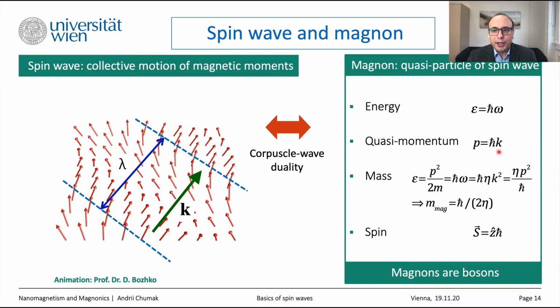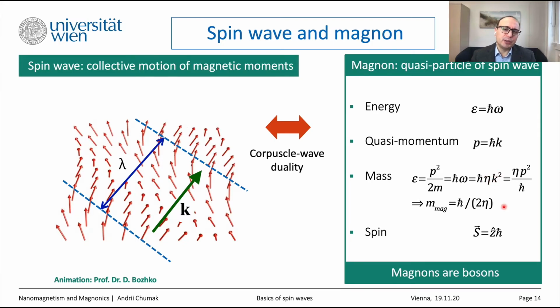Quasi-momentum is hk. K, we will come to this. This is the wave number of your magnon. Any quasi-particle has a mass. So just doing the simplest routine, you know that mass, you either find it as 1 over the second derivative of the dispersion curve, or you can do the simplest mass here, as it's shown. You just replace this omega with the simplest dispersion curve, a k square.